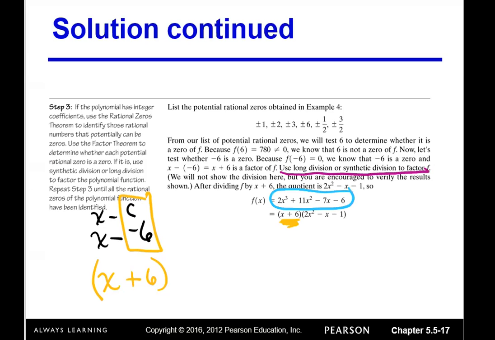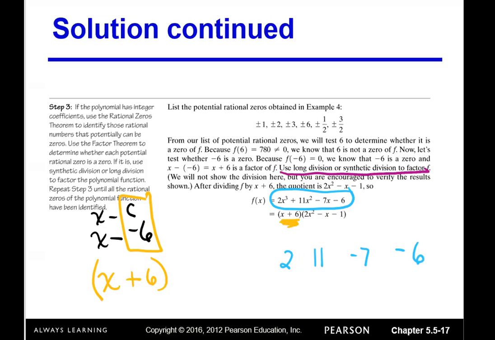The coefficients are 2, 11, -7, and -6. If any term is missing, like if that had started with an x to the 4th and then went to an x to the 2nd, you'd have to stick a 0 in here somewhere for 0 x cubed. So if anybody's missing, you got to stick that in there.